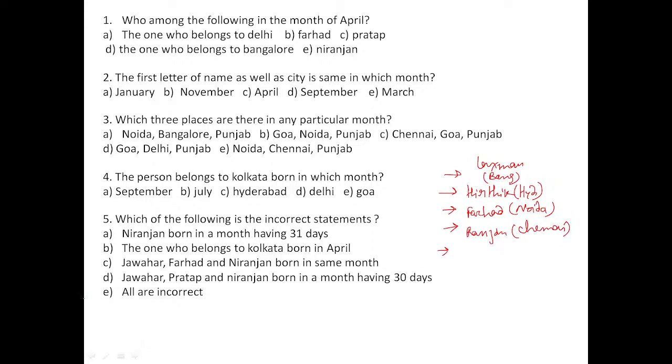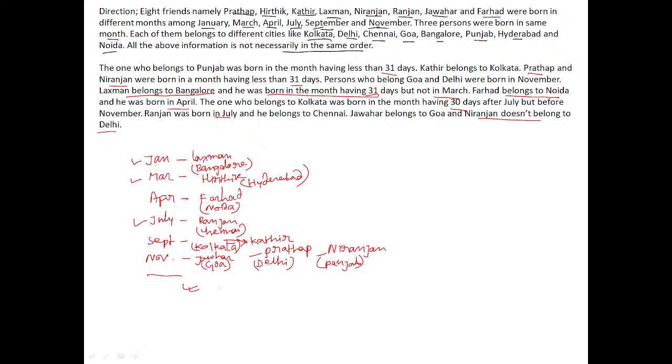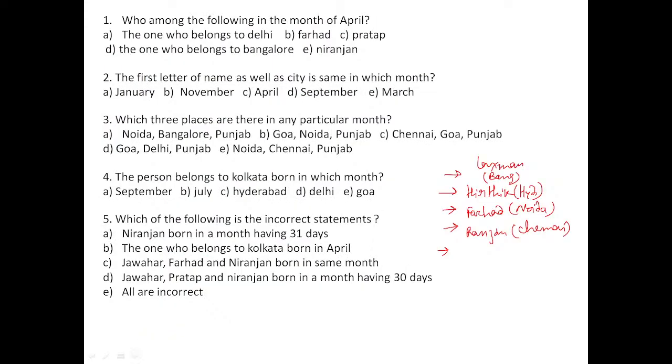Next, Kathir, Kolkata. And then Goa, Delhi and Punjab. Punjab is for Niranjan, Delhi is for Pratap, right?